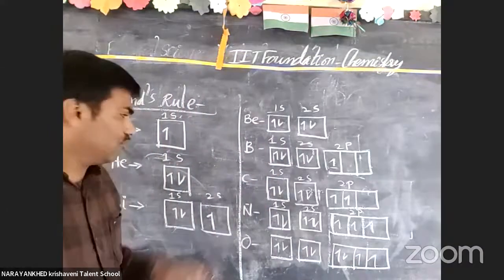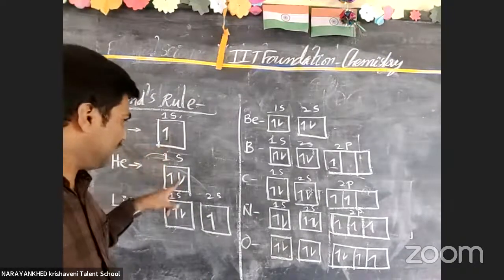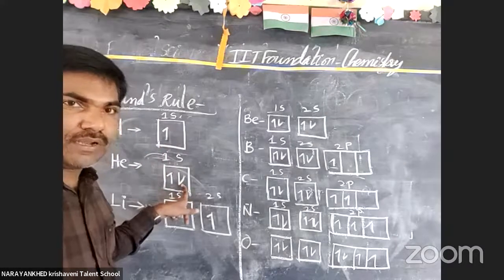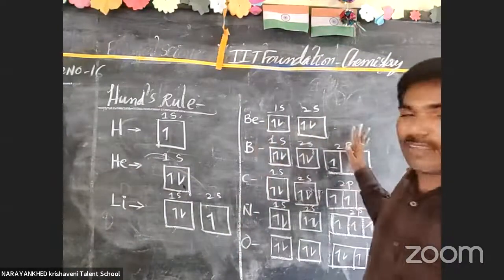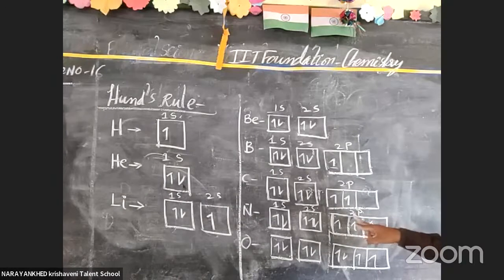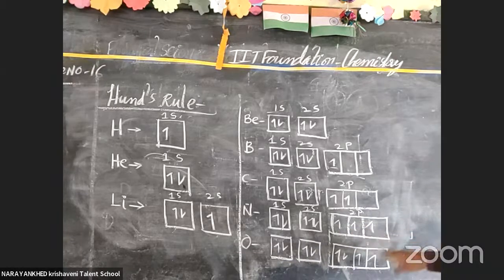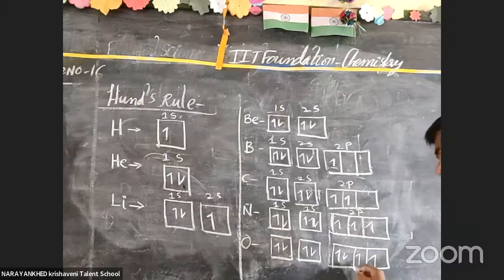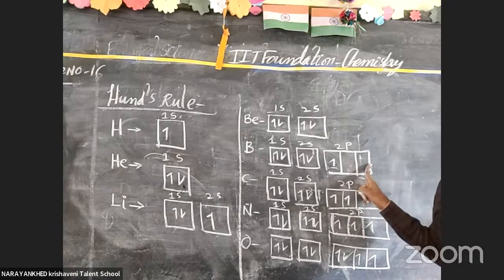Okay, all the students, first note down all these things. This is very important. This is the clockwise direction. This is the anti-clockwise direction. When the electrons are filled, at least one electron enters every orbital first, and only afterwards is pairing possible. When you take the 2p orbital, it is filled by one electron each like this, and after that pairing is possible in oxygen only. The pairing is possible here. Got it? First write this particular picture. Whatever things are there, first note them down.